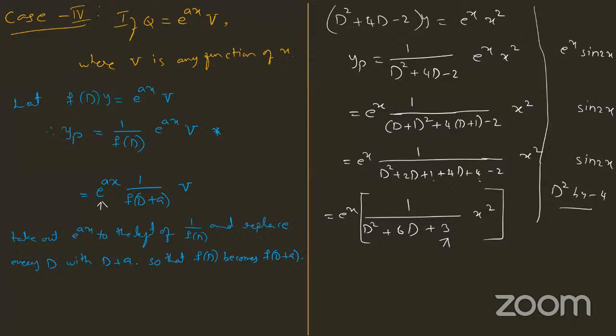It may be either a case of algebraic expression or a case of trigonometric function, right? By reducing it into the previous cases, we simplify the problem, right? There is nothing else. So when you are good enough in the previous cases, you can understand this very, very easily. The only additional thing what you have here is sending e power ax to the left side and replacing D by D plus a. Except that, the remaining things are almost as we discussed in the previous cases.